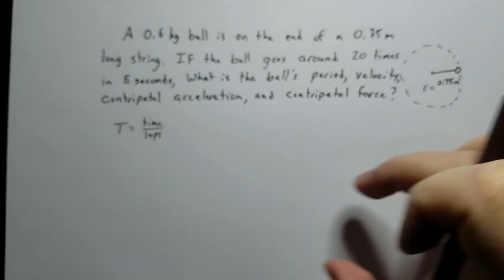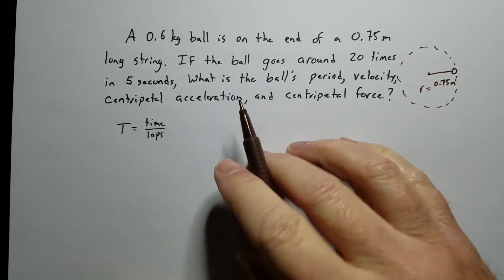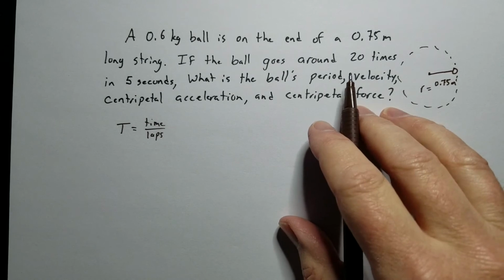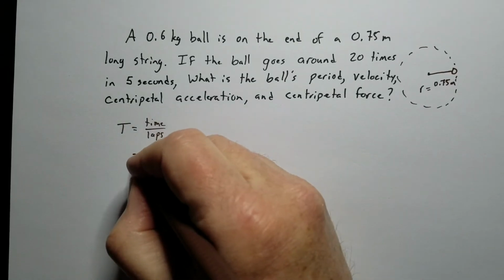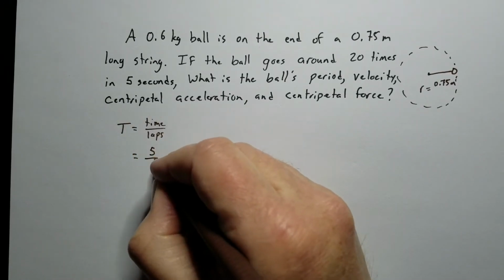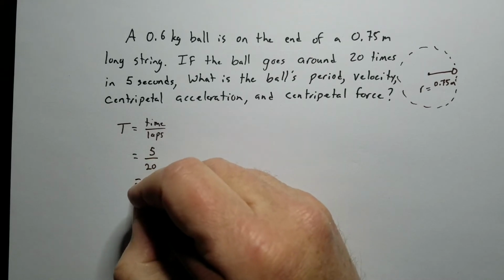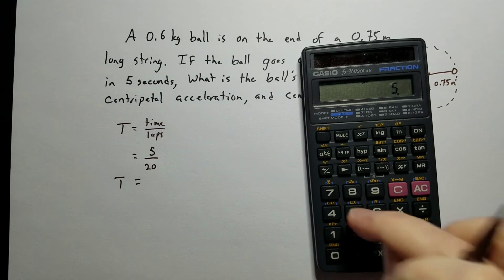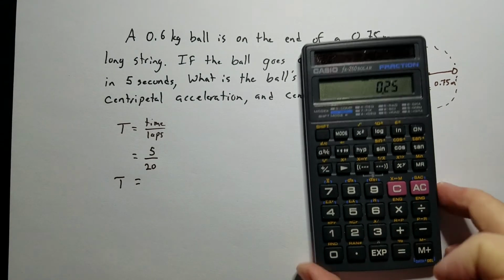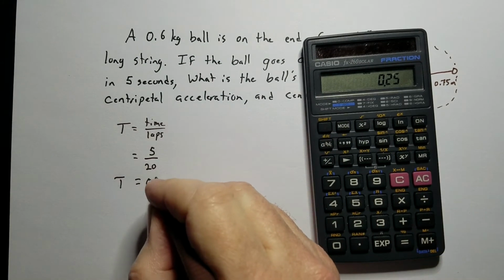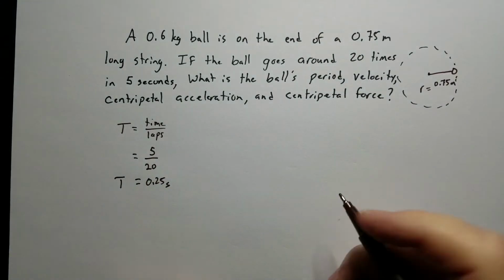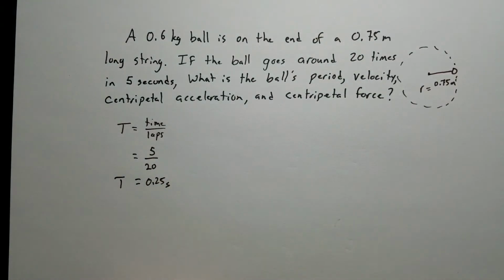It's all pretty much going back and forth. So this one, we're first going to figure out the period. It goes around 20 times in 5 seconds. So 5 seconds is the time, and it goes around 20 times. The period is 5 divided by 20, 0.25 seconds. So it goes around once every quarter of a second.